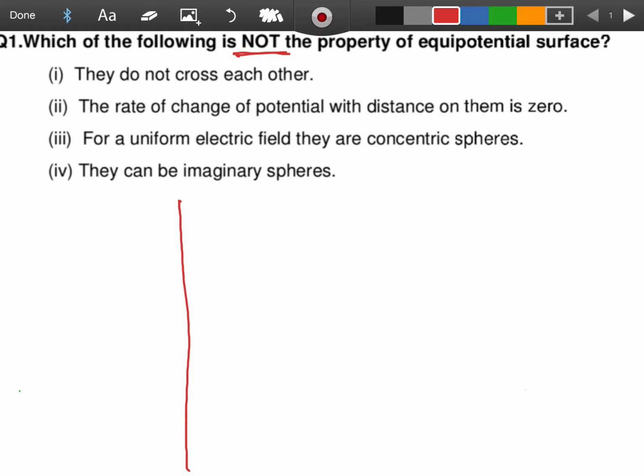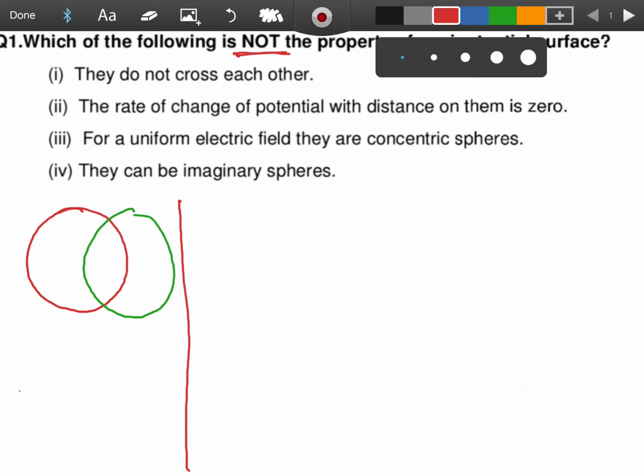So if the equipotential surfaces cross each other, let us suppose this is an equipotential surface and this is another equipotential surface. Now they are crossing each other. So when two equipotential surfaces cross each other, just now I told you that the electric field is perpendicular to the equipotential surface.